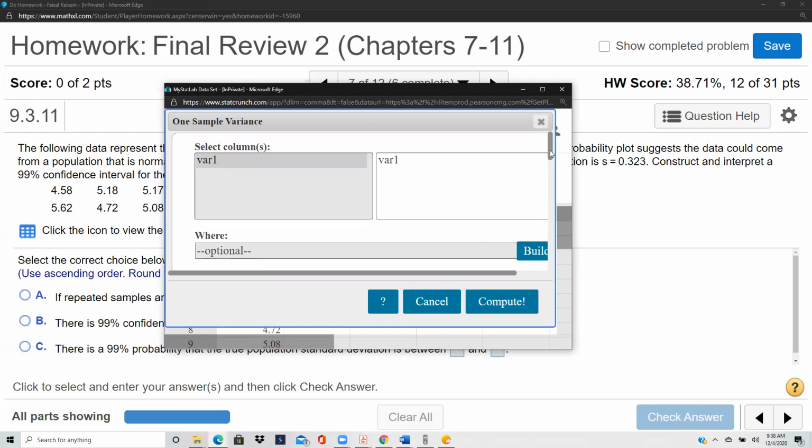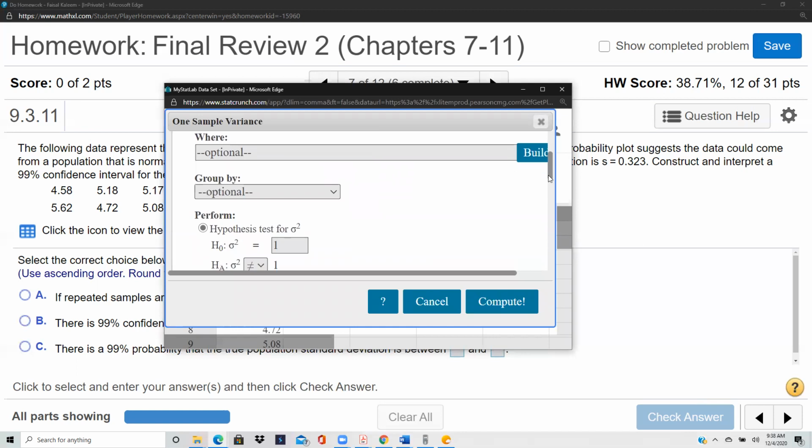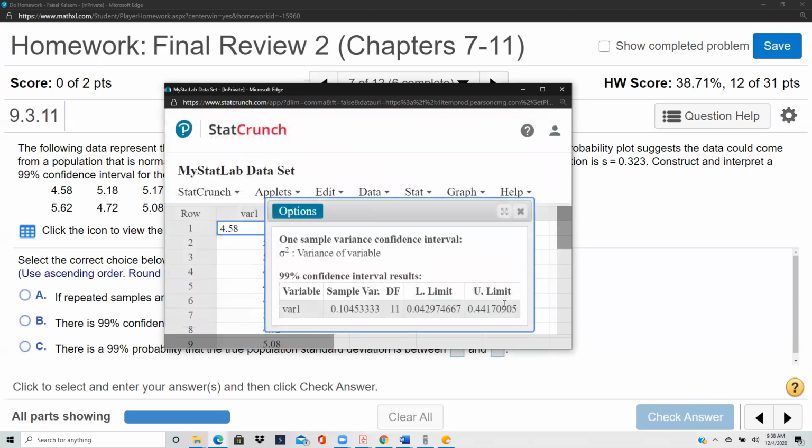So we select the column and then what else do we do? The confidence interval. 99. Compute. So which choice do we pick of these?